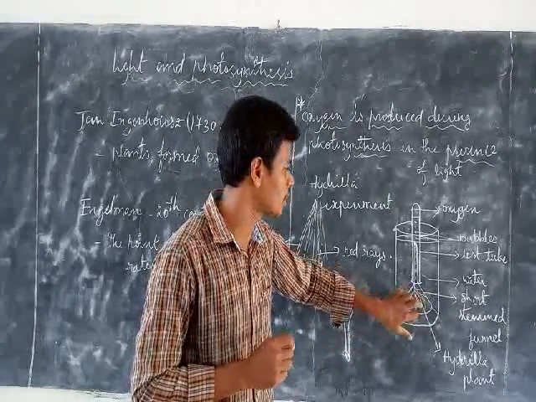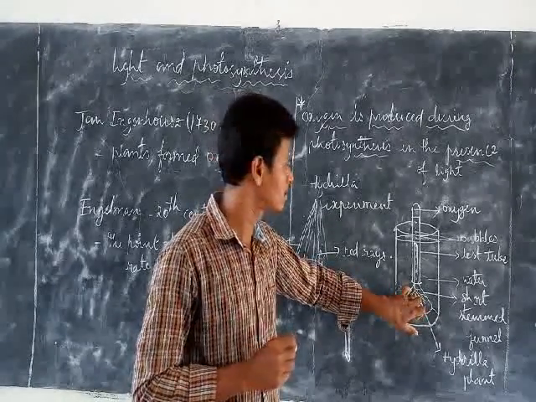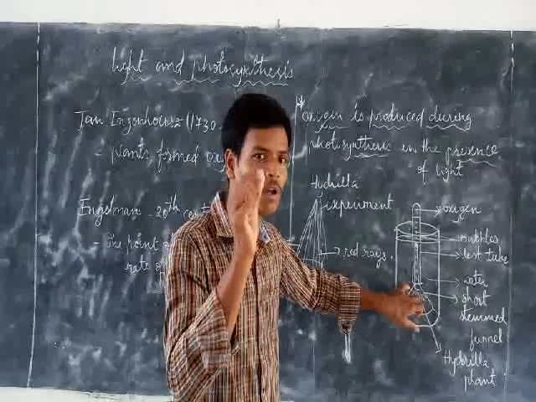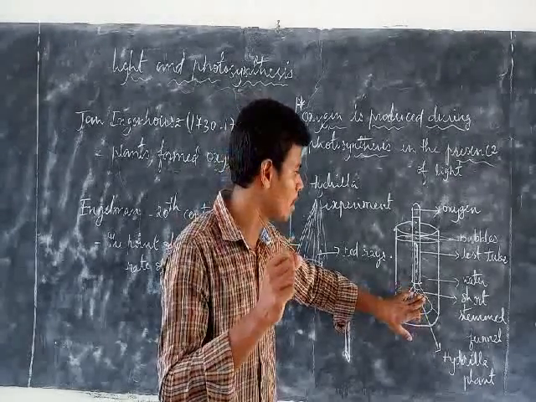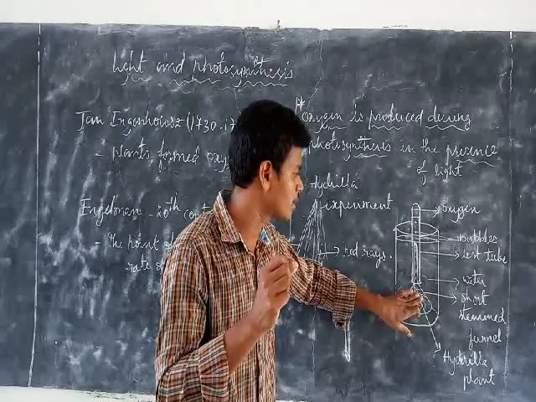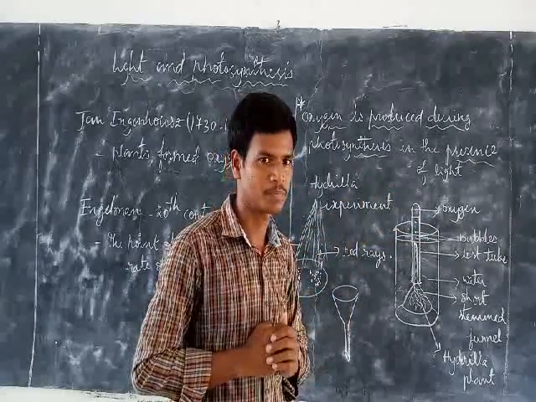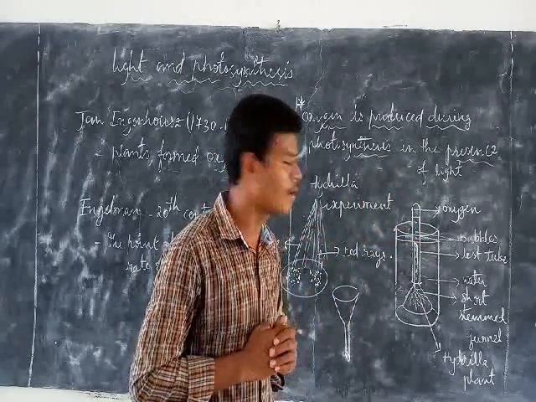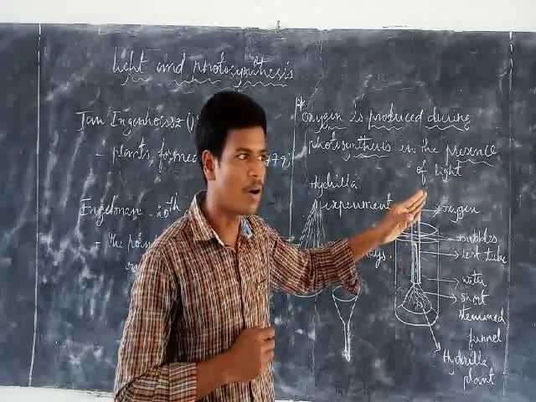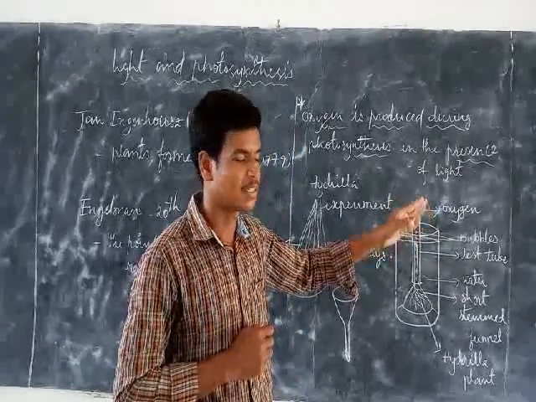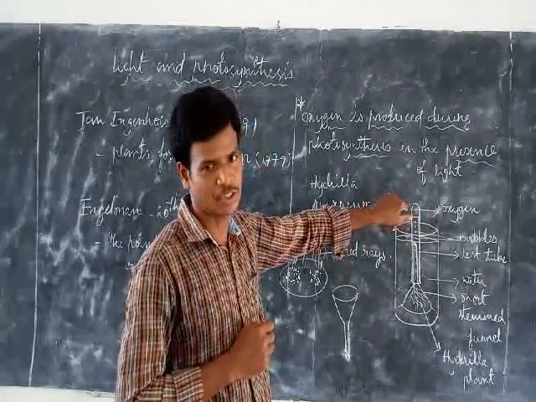The short stemmed funnel, that consists of hydrilla plants. So you will notice small air bubbles coming from the hydrilla plant from the short stemmed funnel into the test tube. So you will conclude there is a gas in the test tube.